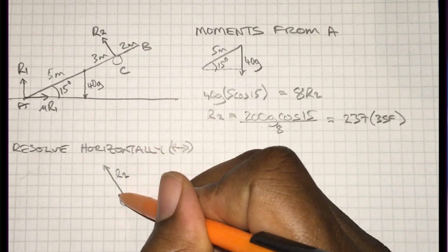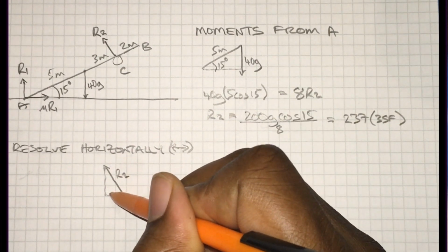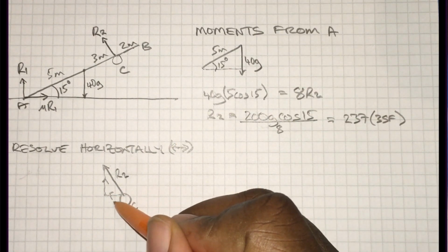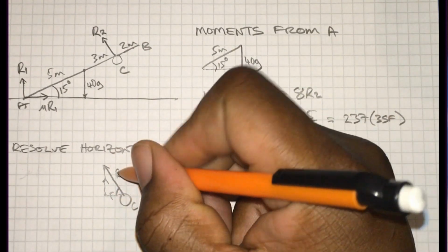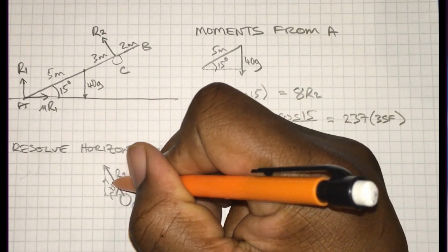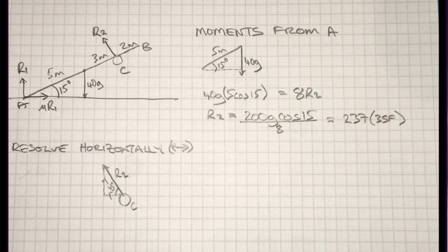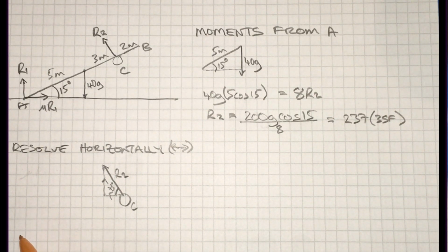So I'll draw a mini diagram just to be clear about those components. It may not fit on my larger diagram. Okay, what would the angle be? Well, we know it's perpendicular to the beam, and an alternate angle at that point would be 15, so the angle inside must be 75.